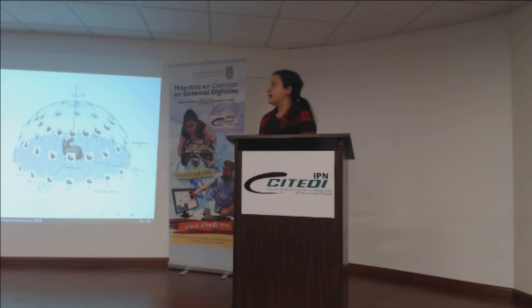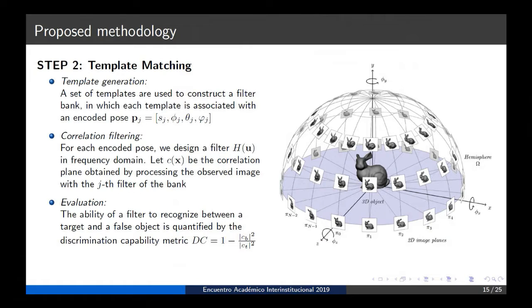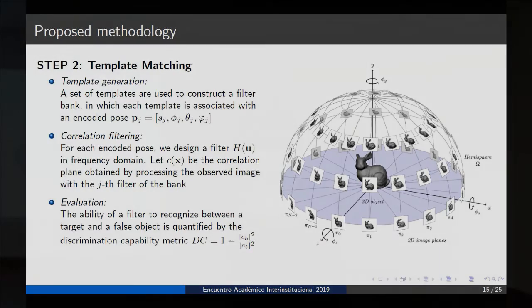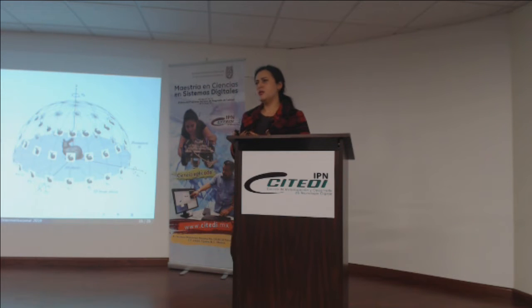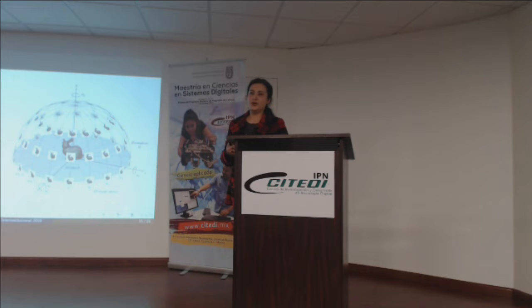Then the second step is template matching. That is, we want to explore all the best matches, but this is a very huge search space. So we use this correlation filter to measure the match for each template, and then we evaluate with a metric that distinguishes a target from background clutter, for example.